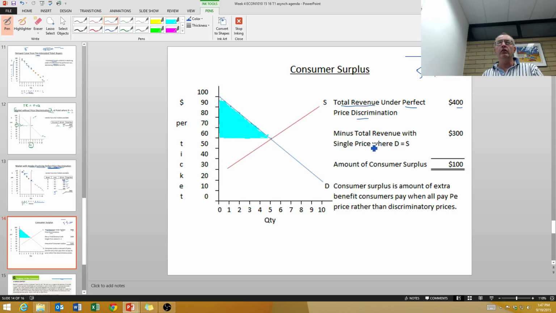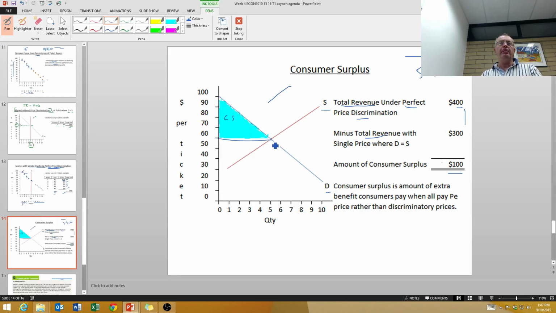Then we have the total revenue generated by the vendor that charges the same price for all the tickets, so that's where the supply and demand curves intersect. Here's our demand curve, here's the supply curve. It intersects at $60. And the difference in those two revenues is $100. When we diagram that $100 on this chart, it is represented by this blue area. This is consumer surplus.